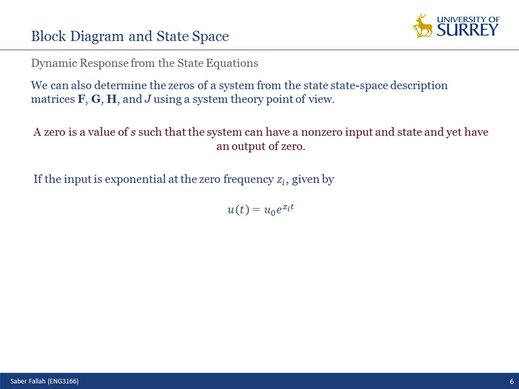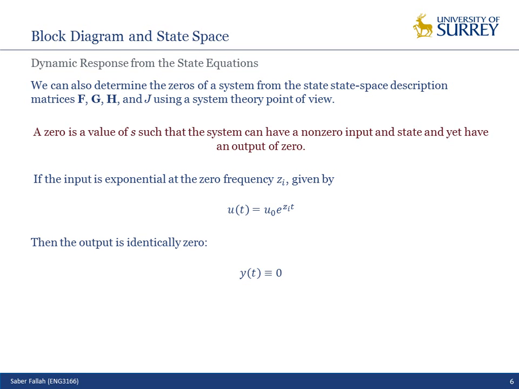So, to find the zeros of the system, I assume I have the input u naught equal to e power zi t. Okay? Such an input. According to the definition of the zero, look, I have zi here.